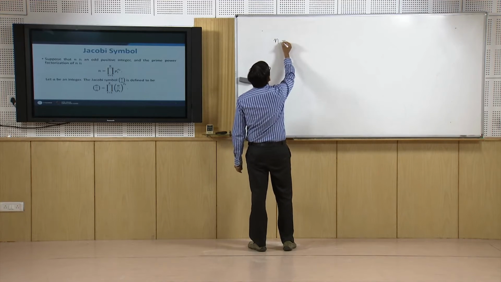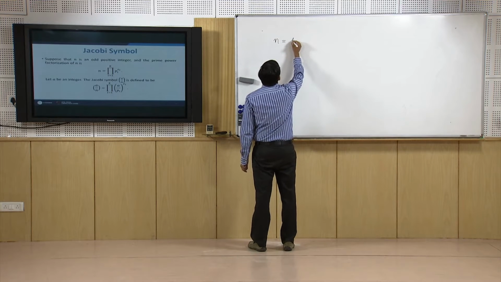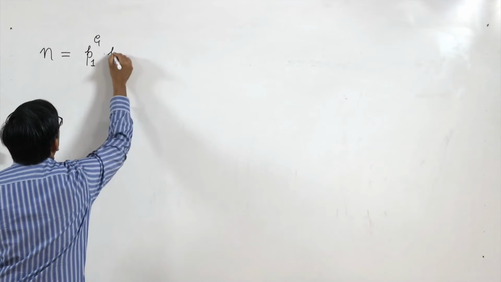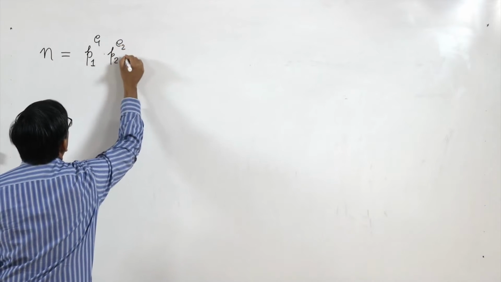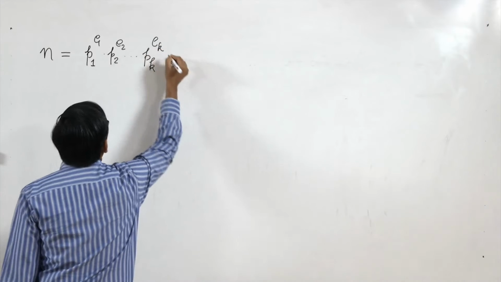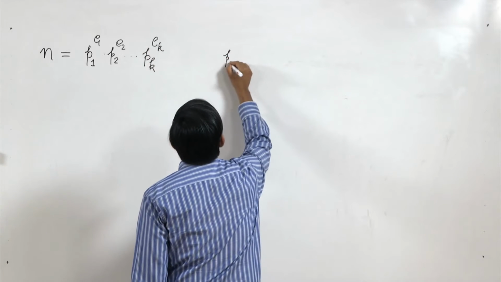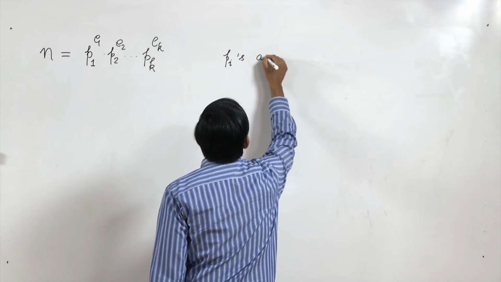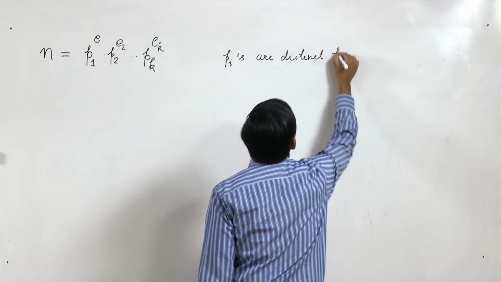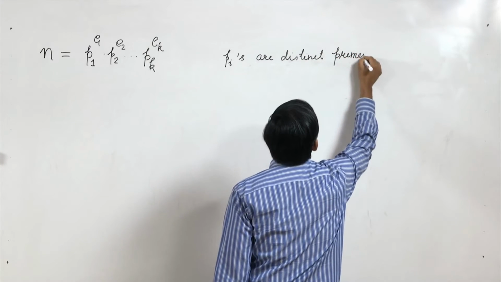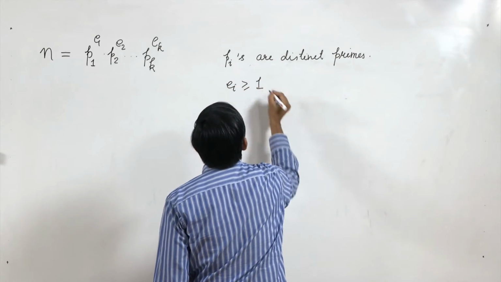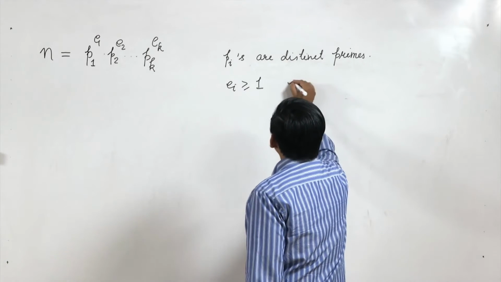We factorize that integer like this, where the pi are distinct primes and the ei are integers greater than or equal to 1.